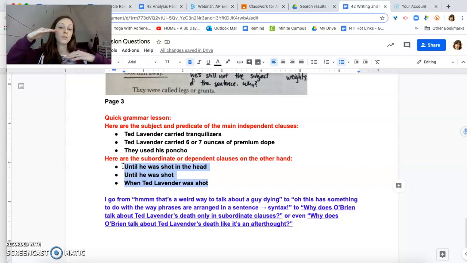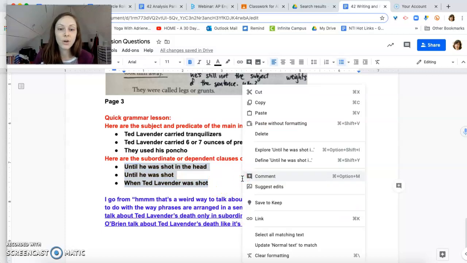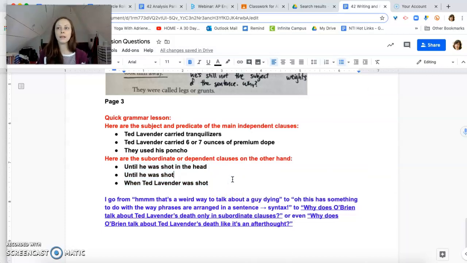It's less important than the fact that he carried tranquilizers, less important than the fact that he carried 6 or 7 ounces of premium dope, less important than the fact that they used his poncho to wrap him up and load him into the helicopter. So then we get to the question of why would O'Brien talk about a human being's death as less important than all these things that people are carrying and using?